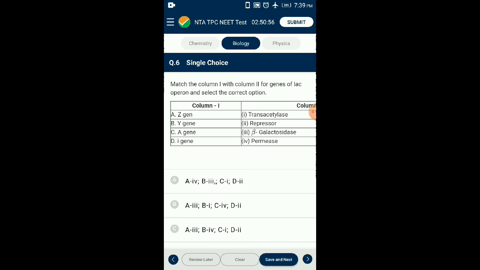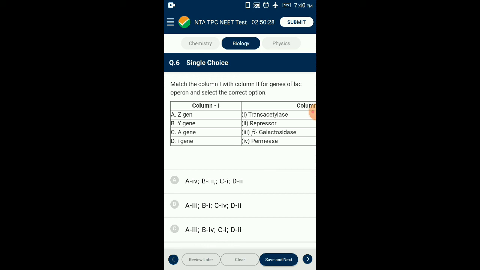Question number 6. Match column 1 with column 2 for genes of lac operon and select the correct option. See the given tabular column. The operon model of prokaryotic gene regulation was proposed by Jacob and Monod. Operons are groups of genes coding for related proteins and are arranged in units. It is the part of DNA which acts as a single regulated unit having one or more structural genes, an operator, a promoter, and a regulator gene.